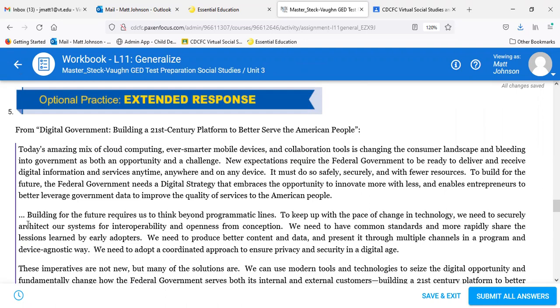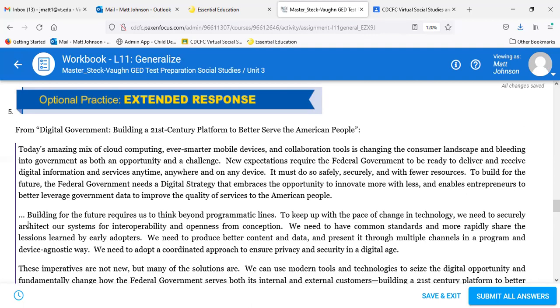We need to produce better content and data and present it through multiple channels in a program and device, another one that's just too much, device agnostic. What it's trying to say there is not identifying with any particular device.